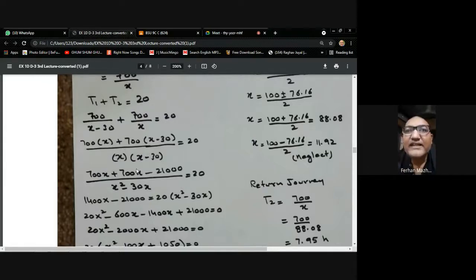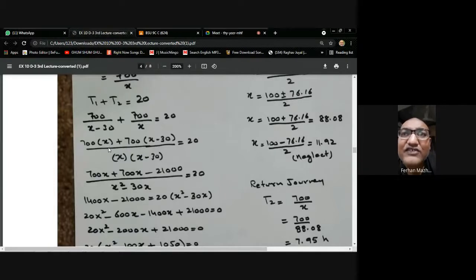I will divide the LCM with this denominator, so x minus 30 will be cancelled. This x will be left, and that will multiply with the numerator, that is 700. So 700 bracket x, plus, and when I divide this LCM with this denominator, x and x will be cancelled. You will have x minus 30 left, and that will multiply with the numerator, which is 700 bracket x minus 30.